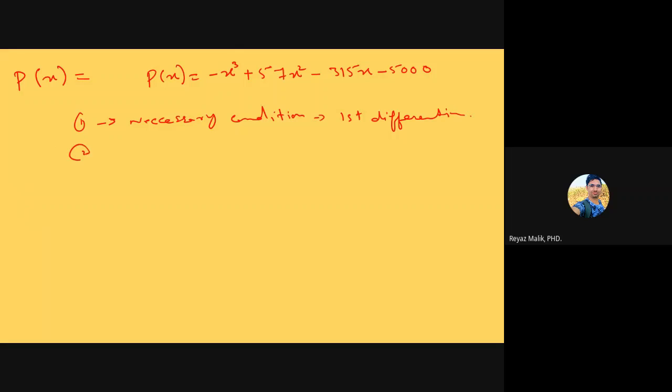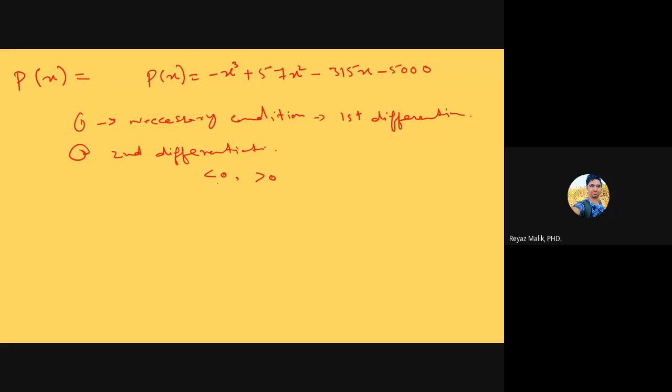Then the sufficient condition is the second differentiation, and we find its value. If it is less than 0 or greater than 0, it will decide whether it is maximum or minimum. That is our area of interest. So these are the necessary and sufficient conditions to decide whether our function is maximum or minimum, which I have repeatedly shown in the last so many classes. So there is no issue in that.